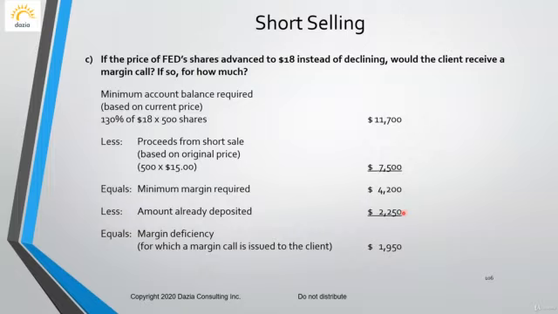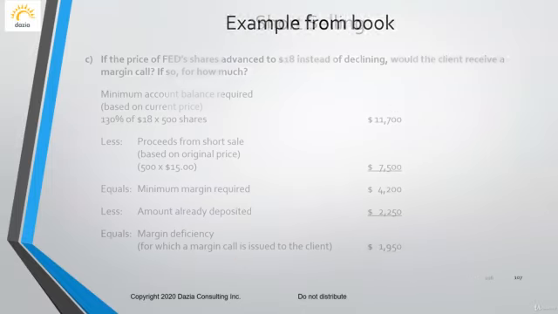You already deposited in day one 2,250. So now what is the difference? The difference is 1,950. And for this one, a margin call will be issued. The client has to put in this extra amount to fulfill the requirements for the short sale. So hopefully that makes it clear.